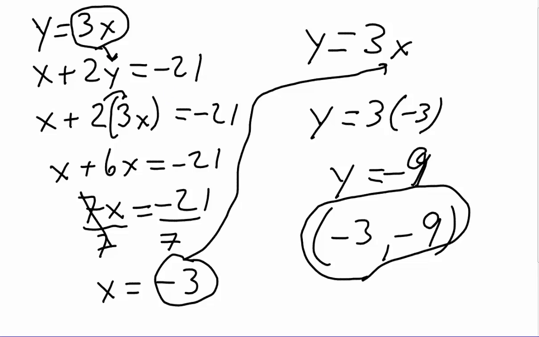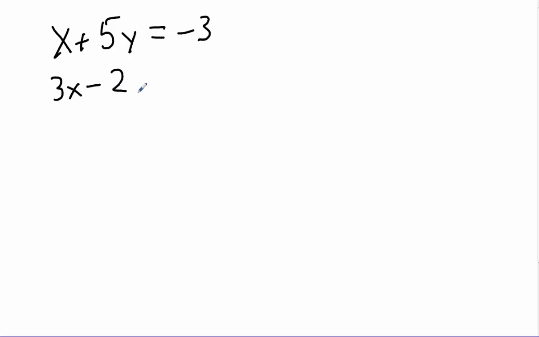So, on a little harder one for substitution, we are going to look at x plus 5y is equal to negative 3, and also 3x minus 2y is equal to 8.